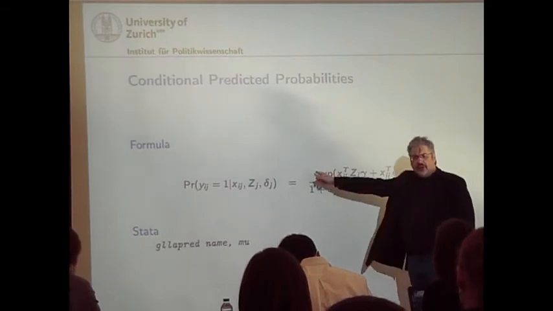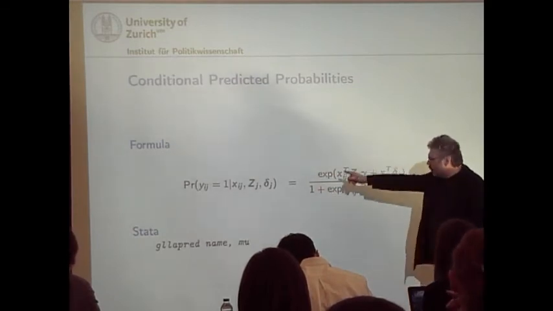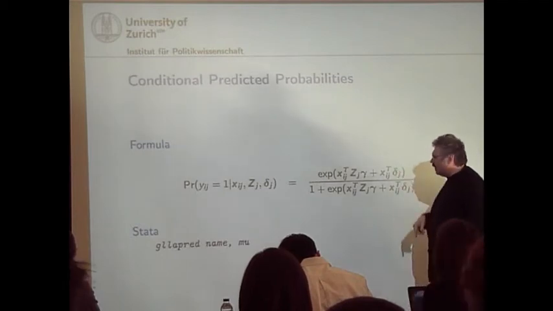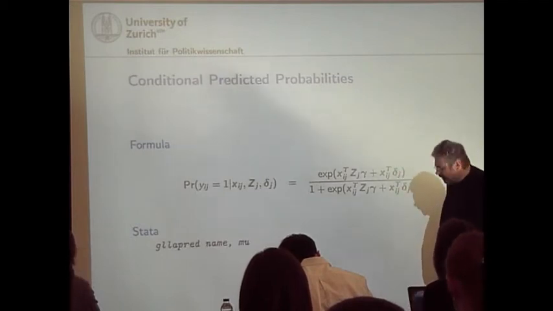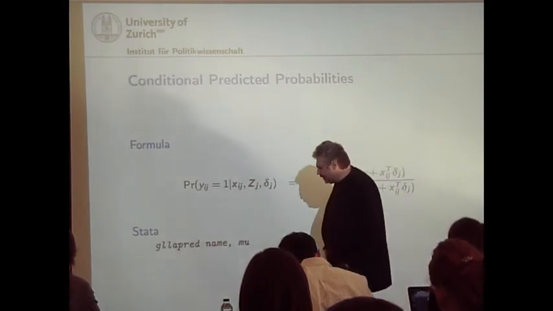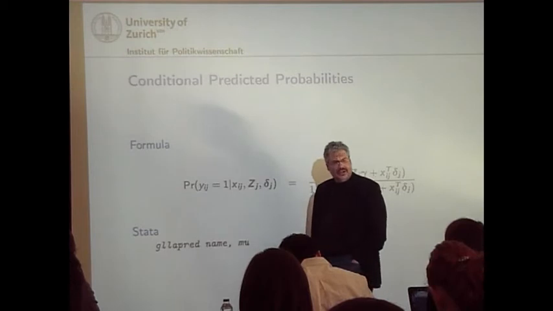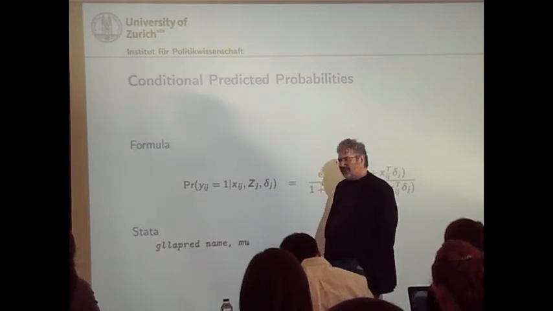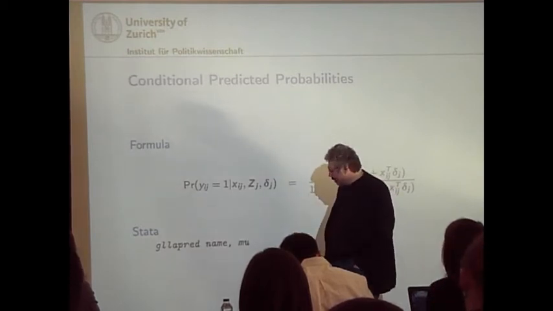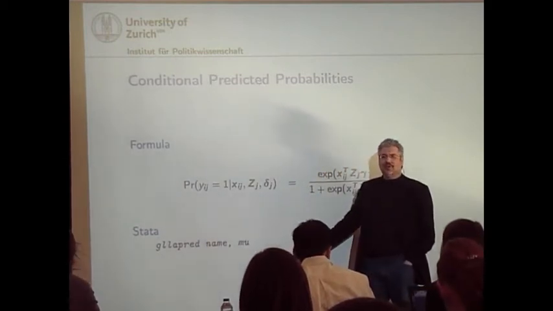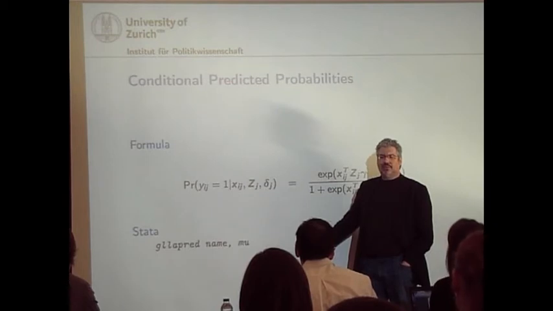You can just evaluate the probability by substituting that value of delta. You can do that in Stata as well, and it goes exactly the same way as for the marginal predicted probabilities, except you don't include the option margin.